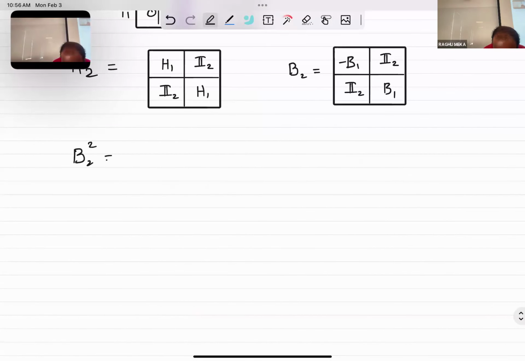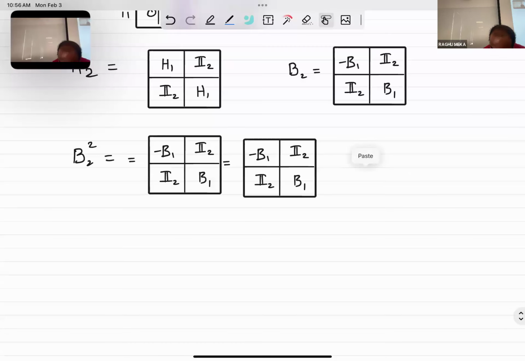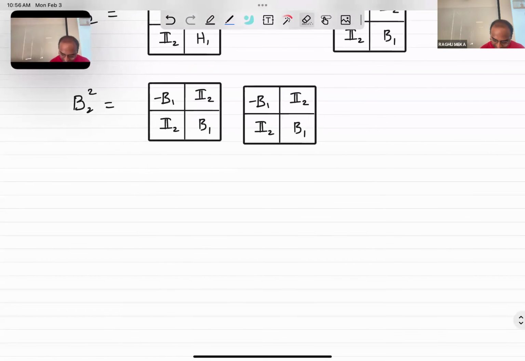So what is B2 squared if I follow this? I mean, we are multiplying block diagonal matrices, but we can do that. We don't have to open up everything all the time.